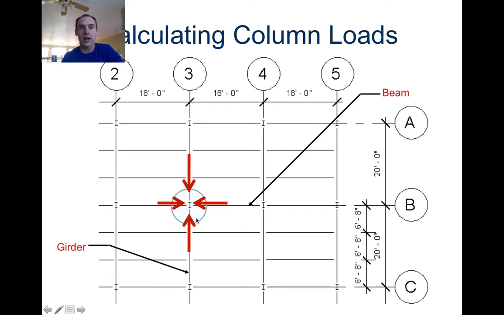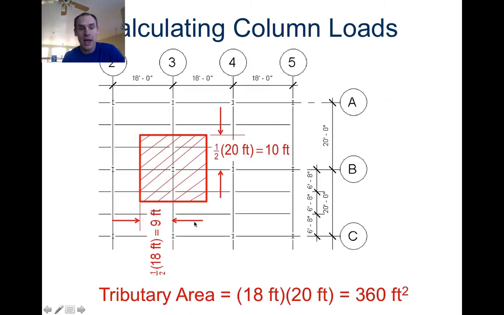So in your notes, you should write out how to calculate column load, and we're going to figure that out. You have a tributary area in this. If we break this column down so that it's halfway between this column and halfway between this column here, we can figure out what the total area is that this column has to support, because outside of this column right here is going to support the next area. So the tributary area for this is 18 feet long, because it's halfway here and halfway to here.